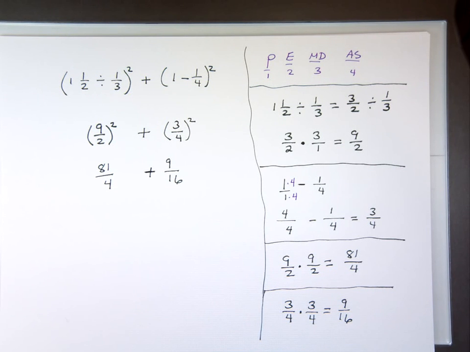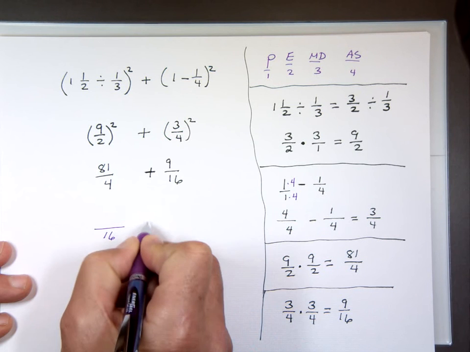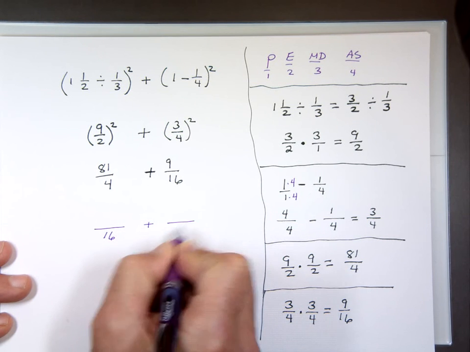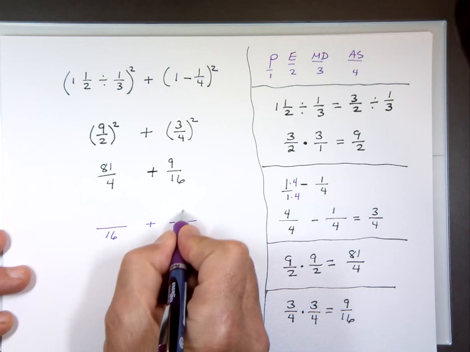Now there's one more thing left there, and that's add them. There is no multiplication, there is no division, there's only addition. To add them, you need what? Common denominator. And what is your least common denominator? 16. Is 16 the first number you can divide by 4? Yes. So the second one you don't have to change. This is already over 16.